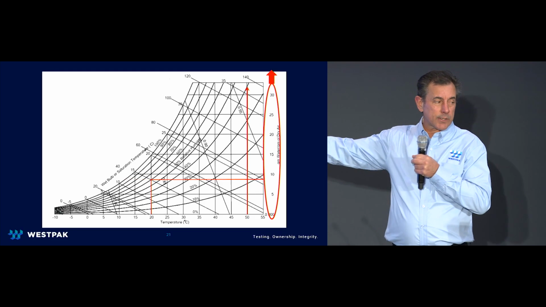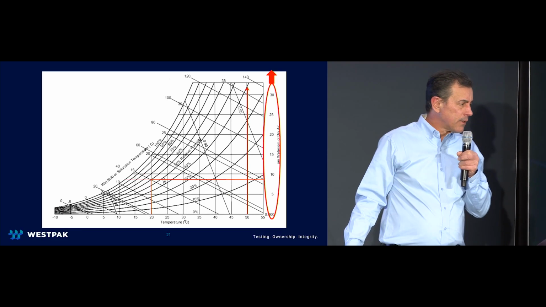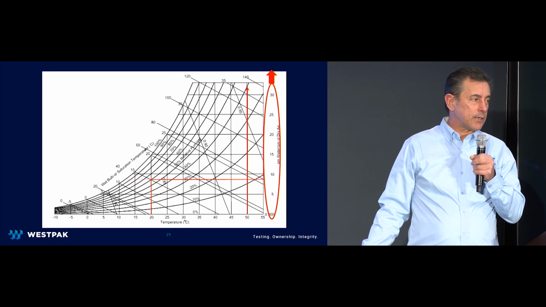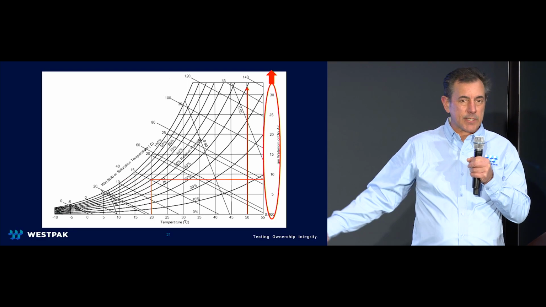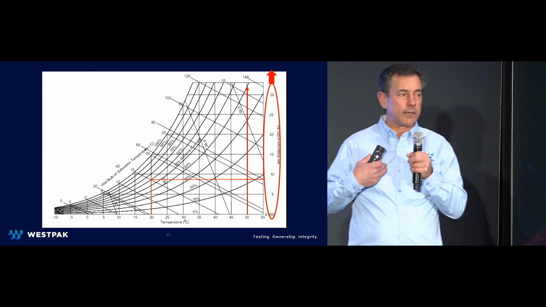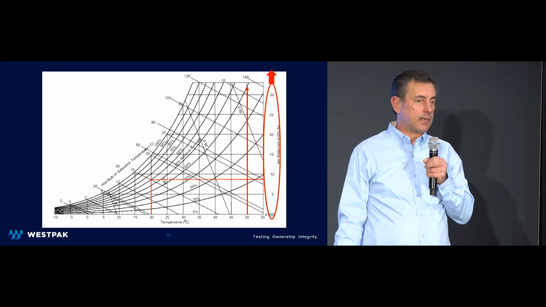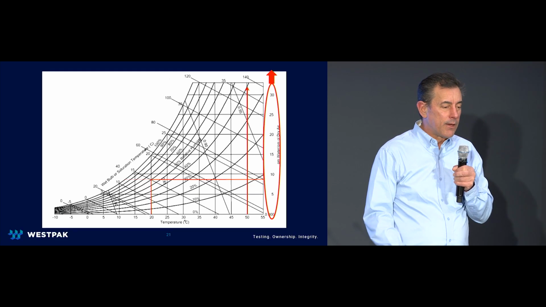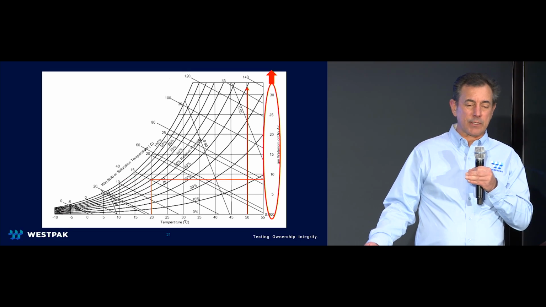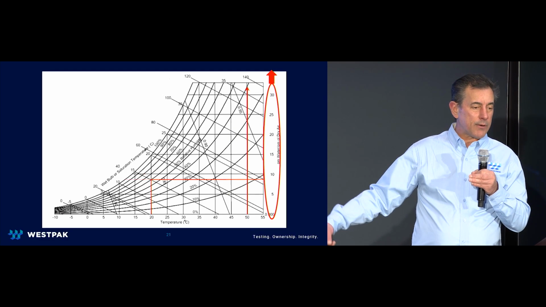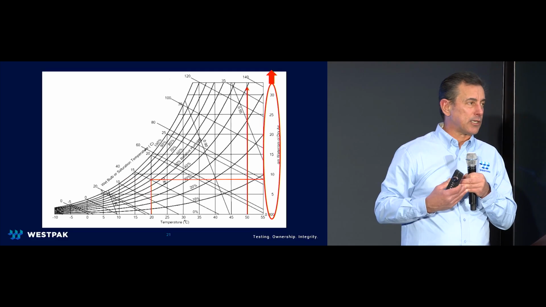And this is the question that we get asked the most, is what level of humidity should we use? As a testing laboratory, we've selected plus 55 degrees C with 50% relative humidity. The reason for selecting plus 55 is a time factor, right? If you go down to 50, it's going to make your test longer.